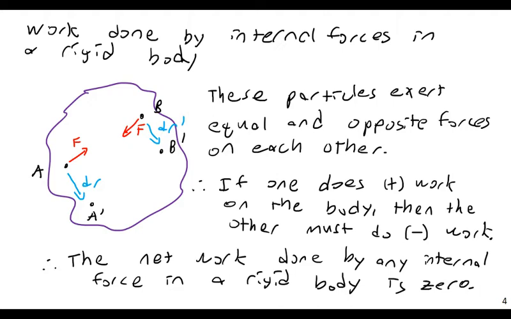There is a force and a displacement relative to the center of the body. And so those forces are not immediately all canceling out. The shape of the object itself would be changing. The only way that internal forces can do work is if there is some change in the shape of the body itself. But since, by definition, a rigid body undergoes no kind of deformation, the internal forces cannot do any kind of work on the body.